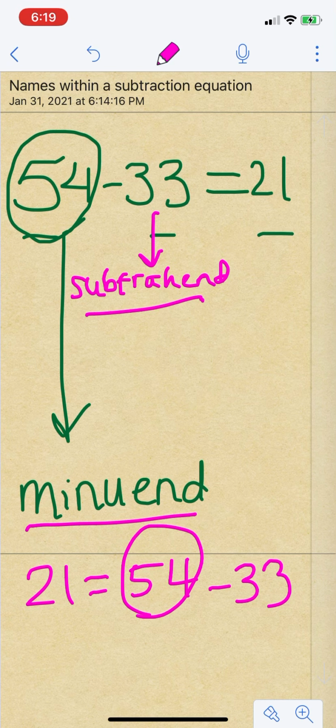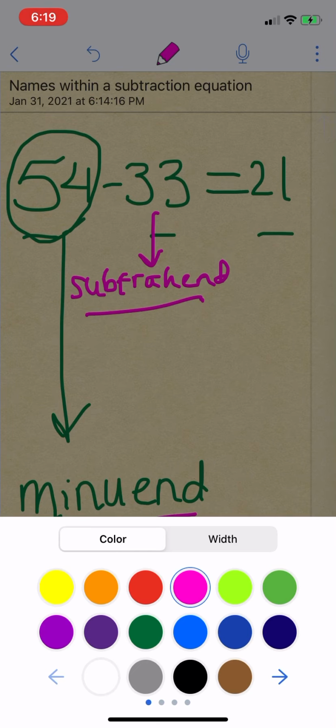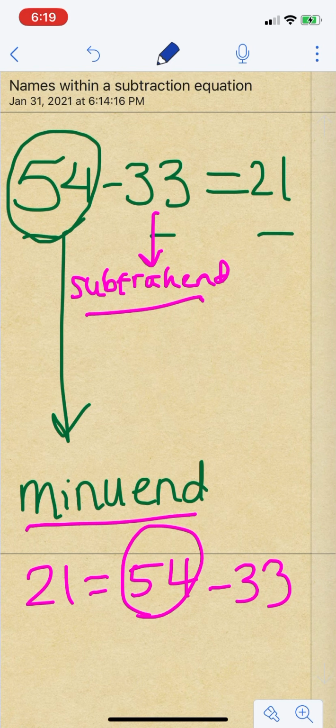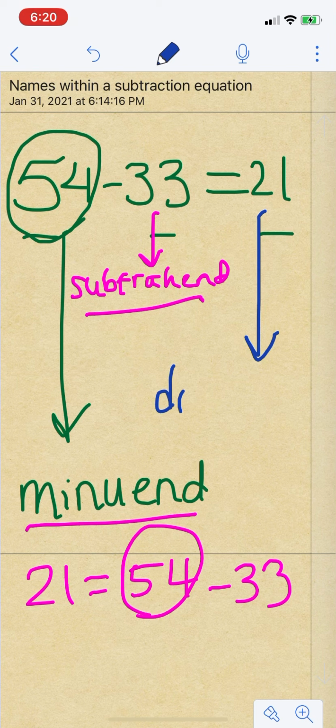This you've probably heard of because we do learn this type of vocabulary when we're first subtracting. The answer to a subtraction problem is called the difference. Let's go with blue. So 21 in this case is the difference.